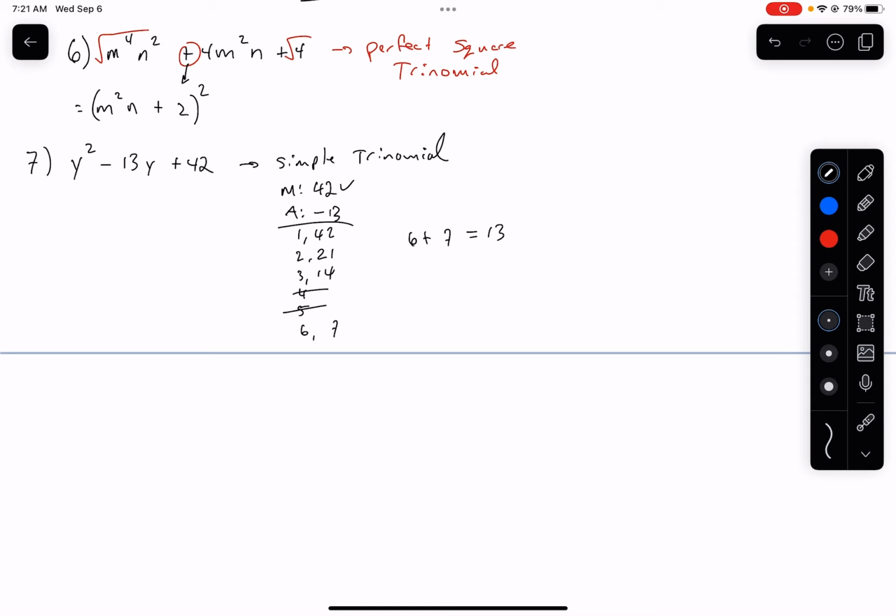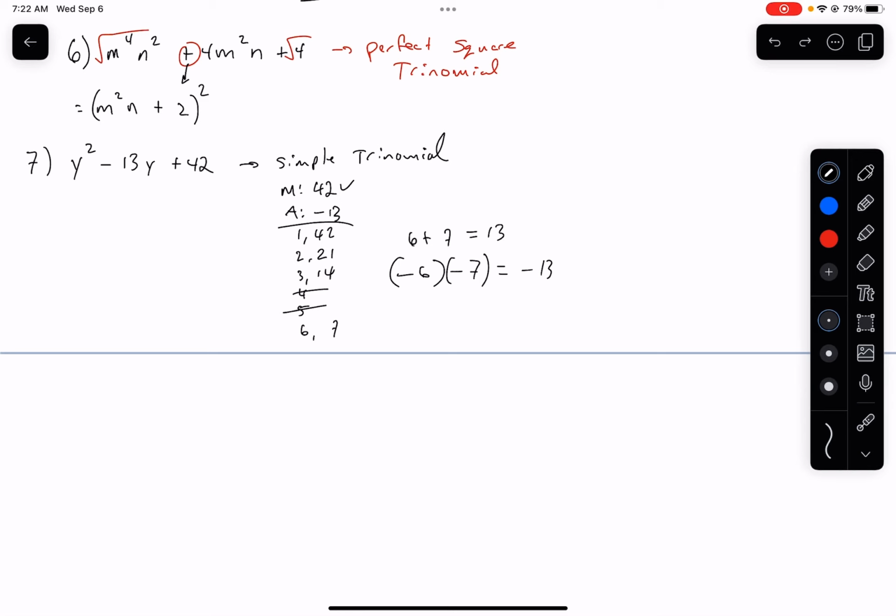And so if I were to make negative 6 and negative 7, that is negative 13. And coincidentally, when I multiply negative 6 and negative 7 together, I still get the satisfaction of positive 42.